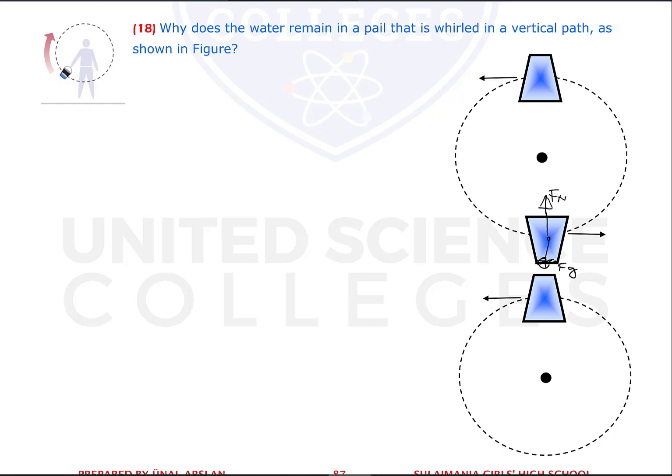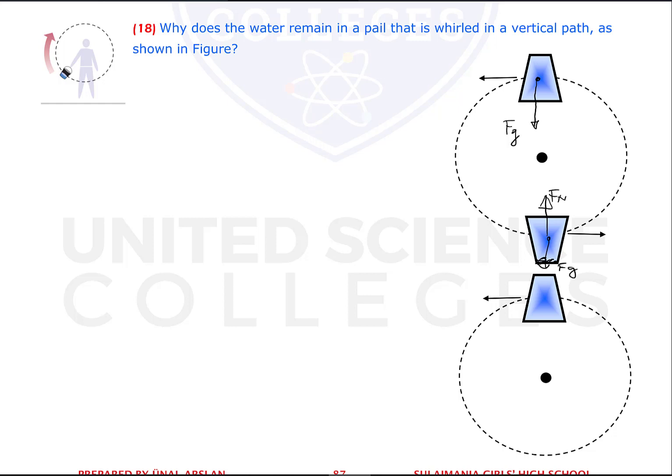But what about at the top, at this position? When the pail takes the highest position of the circular path, at the top, again there will be two forces acting on the pail. One force, as usual, always exists, which is the gravitational force. We cannot remove it, we cannot cancel it.